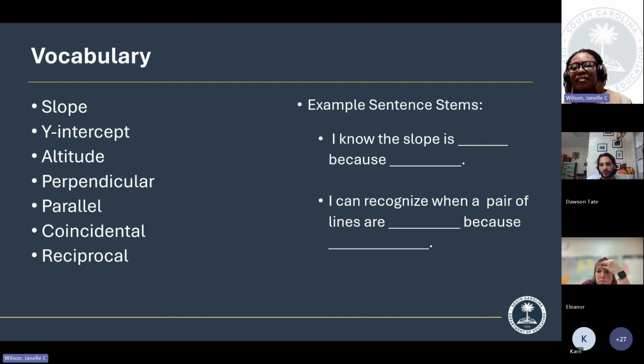Good. Parallel because they have the same slopes. Perpendicular because they form right angles. Very good. So these are all ways that students can learn vocabulary without doing definitions or just a test or an assessment on it. They can actually place them in sentences.